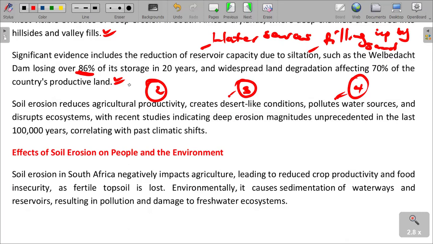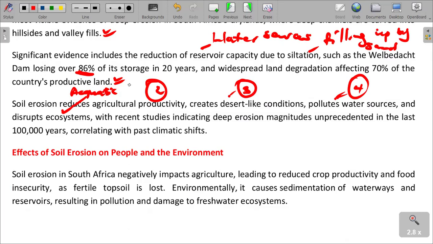Those are fertile nutrients which are drained into water resources and therefore pollute them and disrupt our ecosystems. We can talk about aquatic organisms. Aquatic organisms are affected in terms of the ecosystems.